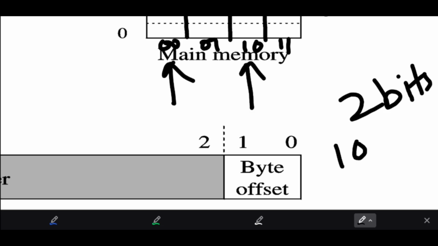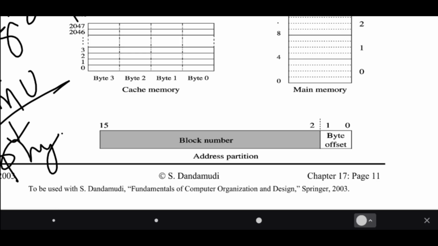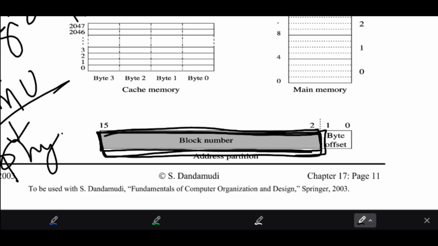The byte offset is the particular address of the data inside the block, and this is the block number. This address is searched inside the cache. Who searches inside the cache? The comparator.